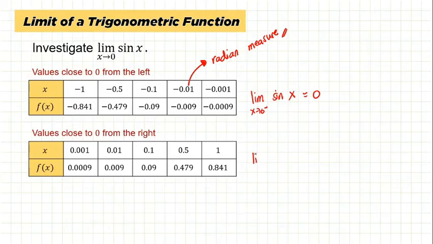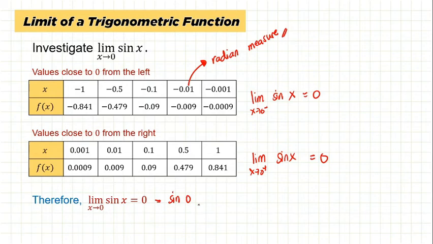So the limit of sine x as x approaches 0 from the right is also equal to 0. So from that, we can say that the limit of sine x as x approaches 0 is equal to 0. And take note again, sine of 0 is equal to 0.